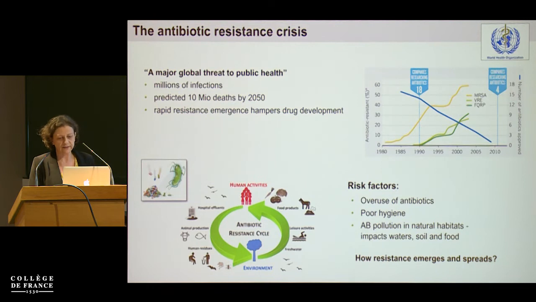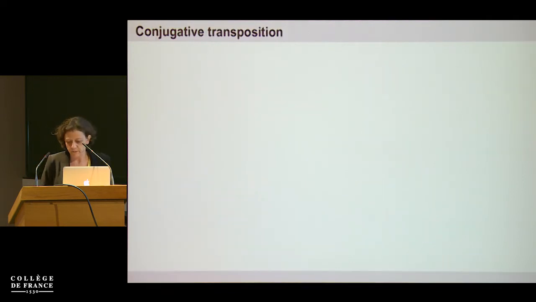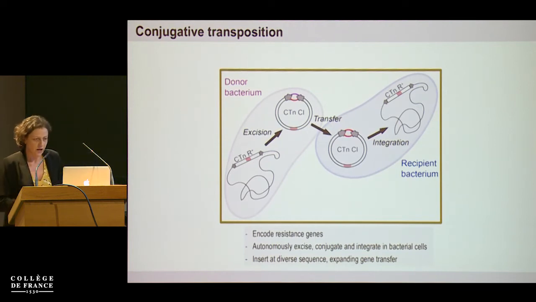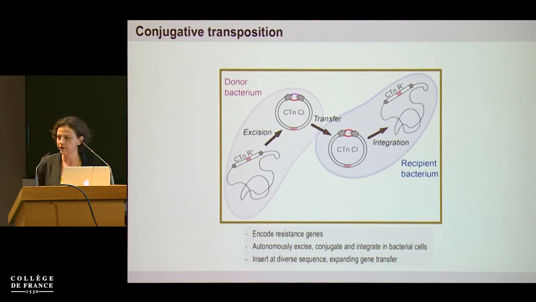During the last years, my lab has been very interested in understanding the mechanisms of mobile genetic elements, and transposons in particular, in bacteria, to help create understanding, but then ultimately also help overcome resistance spreading. One particular class of elements that we have been focusing on are so-called conjugative transposons, often also referred to as integrative conjugative elements in bacteria.